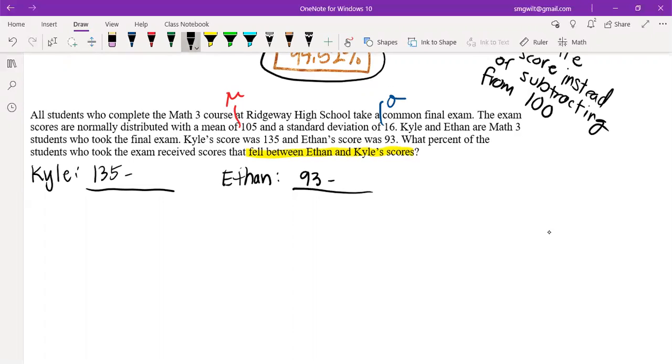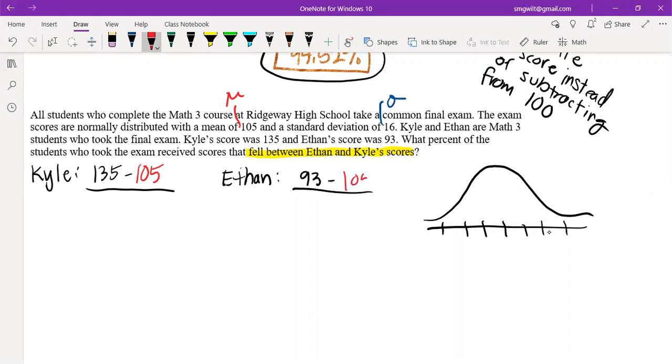When we're thinking about this normal distribution, we want to find each of their z-scores and find the area between those two values. If the mean is 105 and the standard deviation is 16, we're going to divide 30 by 16.